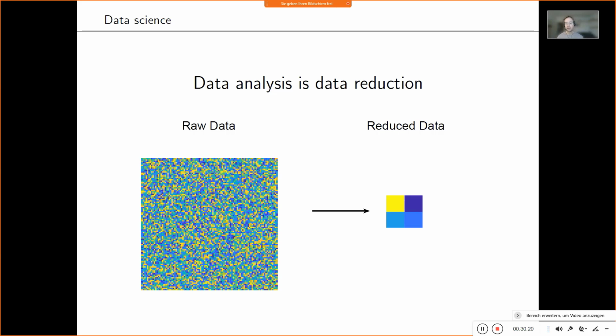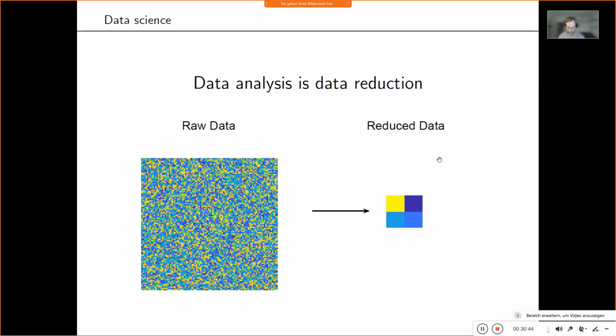Essentially that's happening all the time. There's always a data reduction step, and the art is to first make this data reduction step meaningful, to understand what's going on there, and then also find good summaries of data.